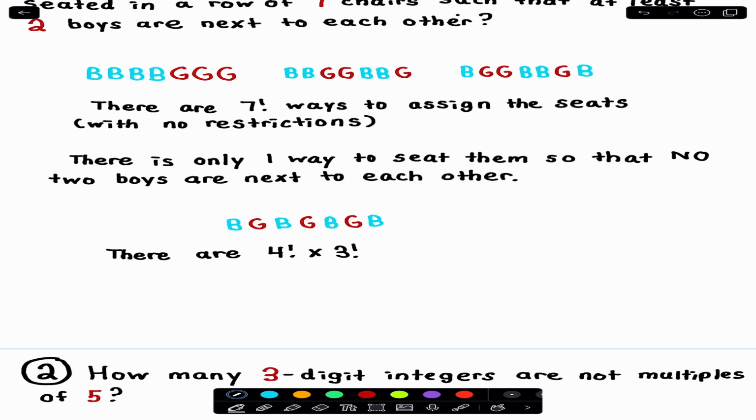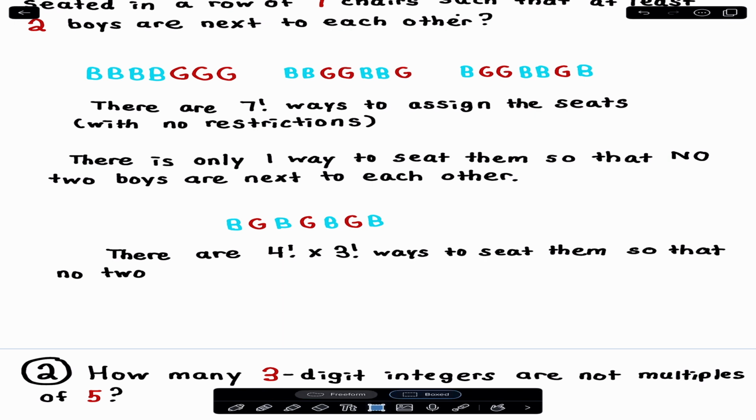So there are 4 factorial times 3 factorial ways overall to seat the children so that no 2 boys are next to each other.